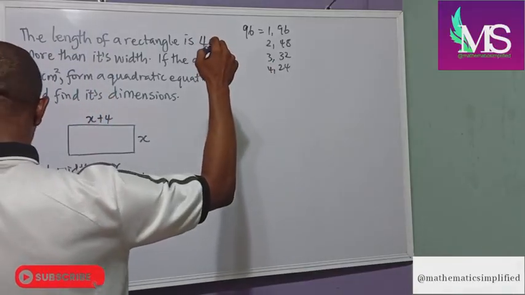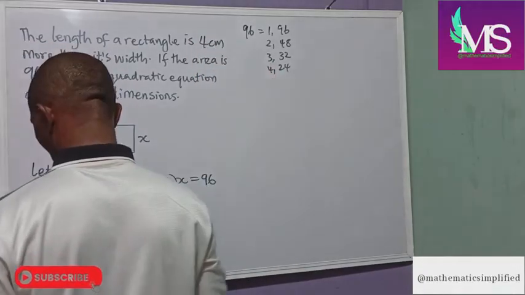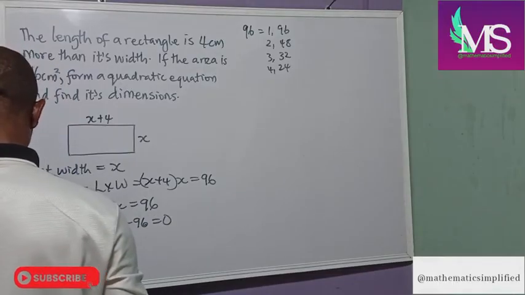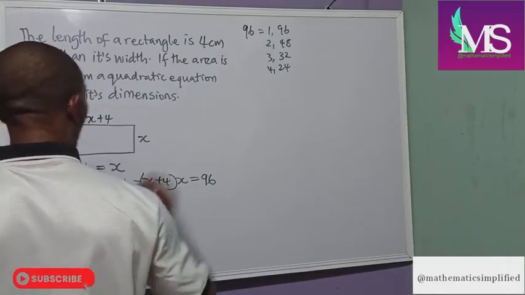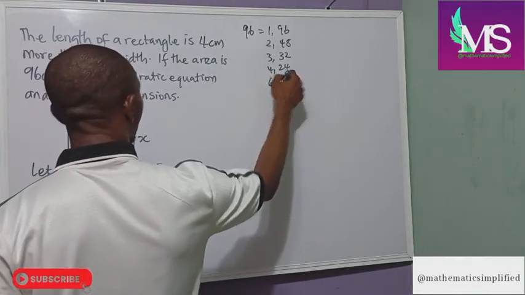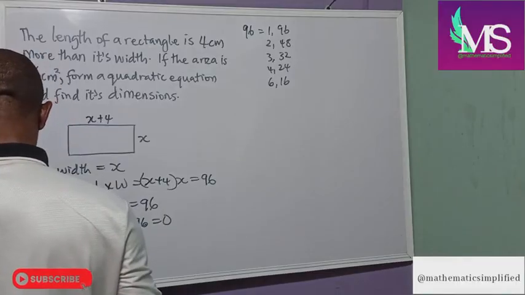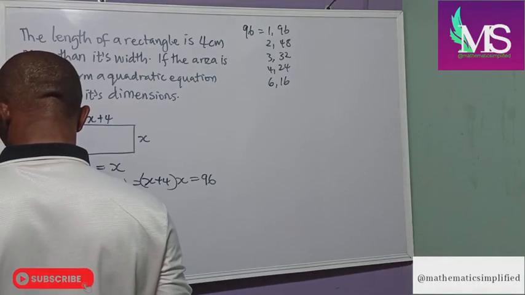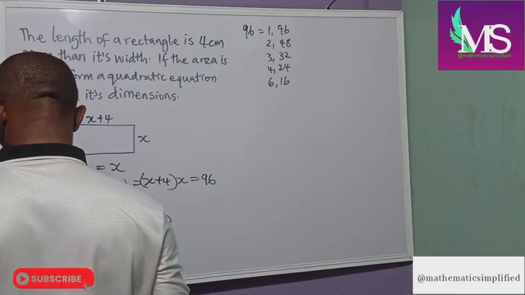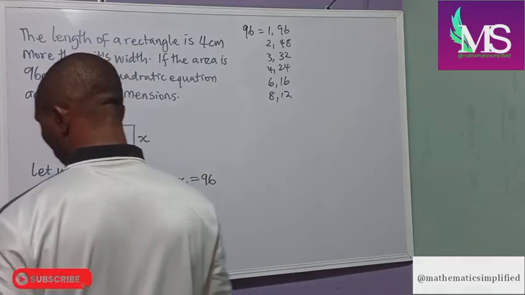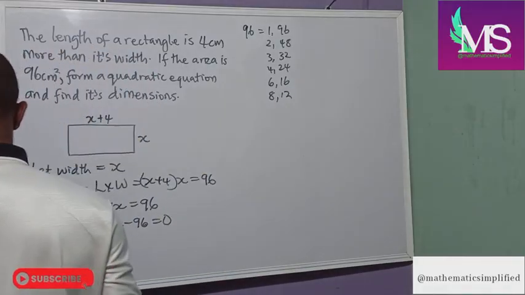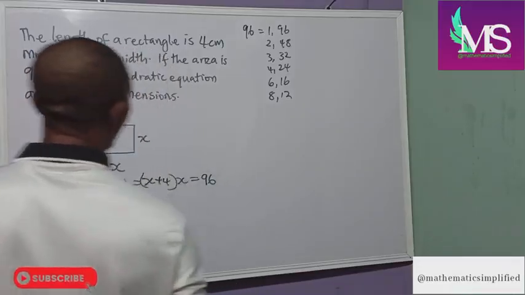Okay, what else? Can 5 go? No. 6 and 16. 8 and 12. Now these are the factors of 96.